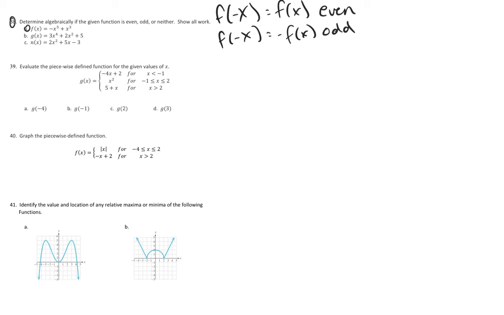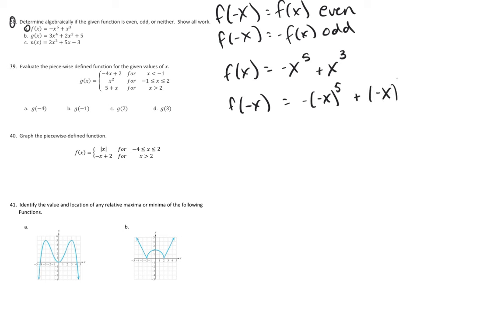So our first function is f of x equals negative x to the fifth plus x cubed. So if we were to plug in a negative x into this, we would get negative x to the fifth plus negative x cubed. And when we take the fifth power or the third power of a negative number, it stays negative.